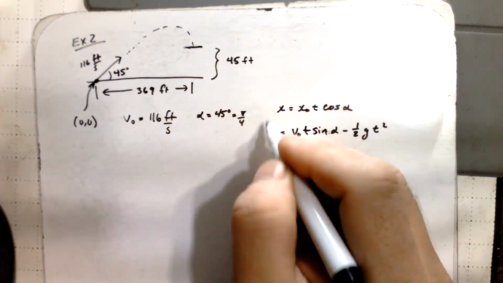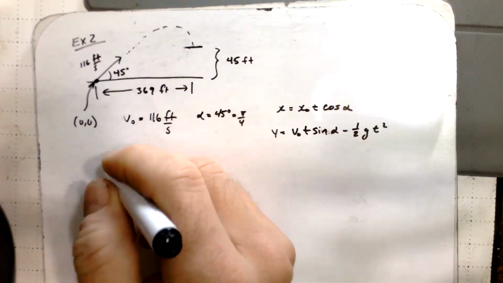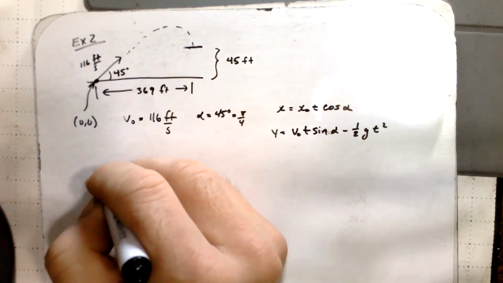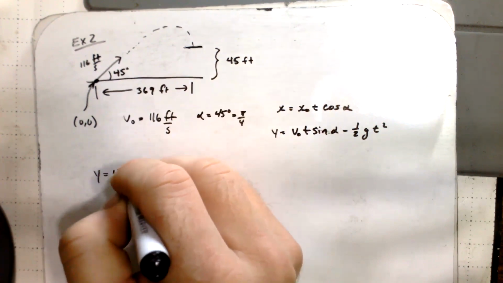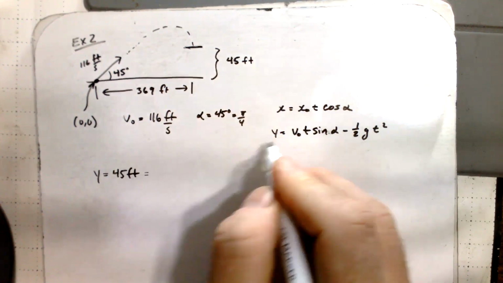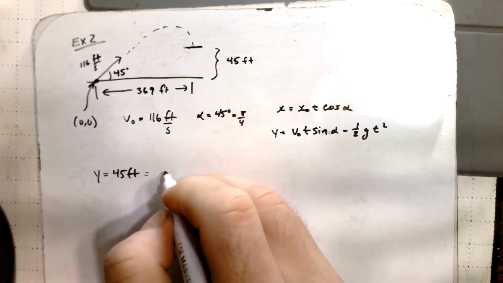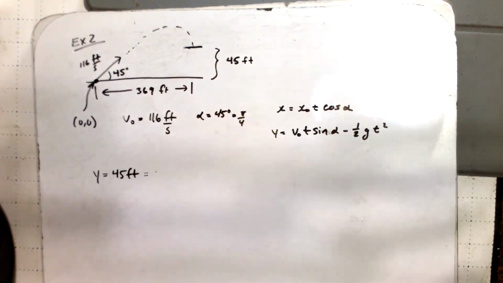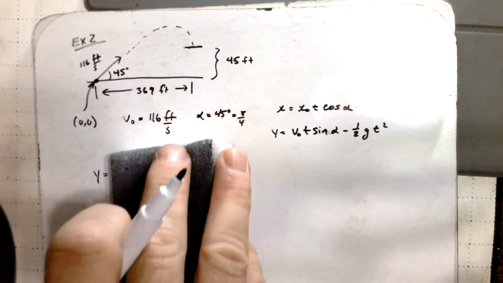Let's go ahead and use this information to solve. So note that the height of the pin is at 45, so y is equal to 45 feet. Okay, so when does that occur? Let's set this y equal here. So v naught, we have, I'm going to do this in general just because I don't like plugging in numbers right away.